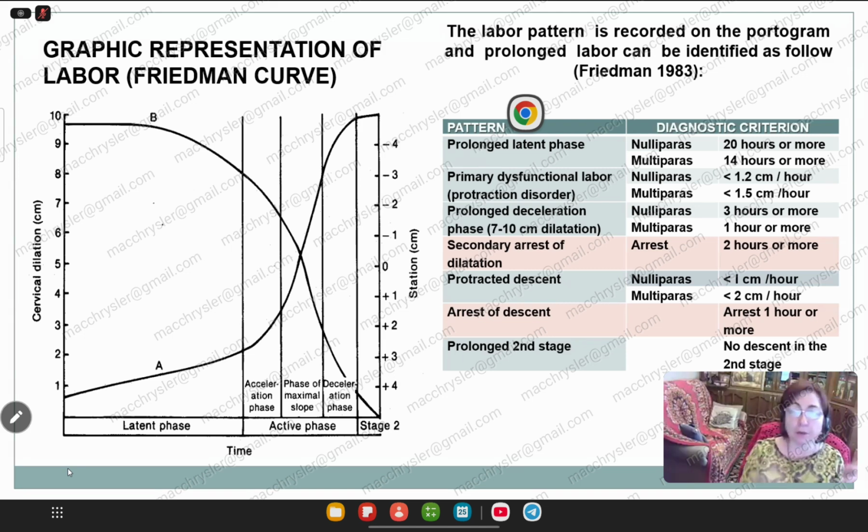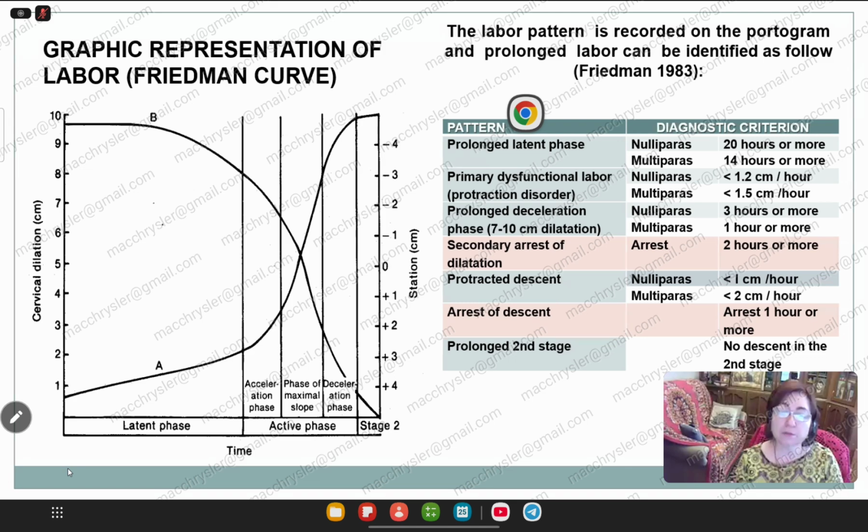If we compare cervical dilatation after 4 hours, it needs to be dilated, multiplying 1.2 centimeters by 4 hours. How many centimeters will it be? Minimum 4 centimeters need to be dilated after 4 hours if we have a nulliparous woman. A multiparous woman has faster cervical dilatation, meaning 1.5 centimeters, so after 4 hours it will be 6 centimeters.